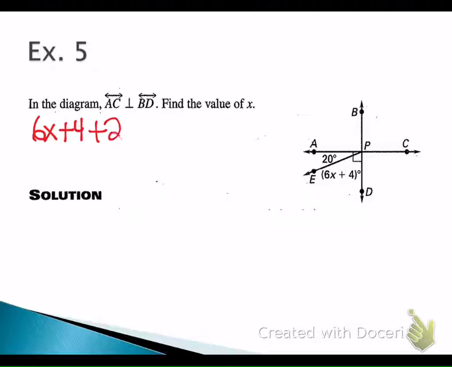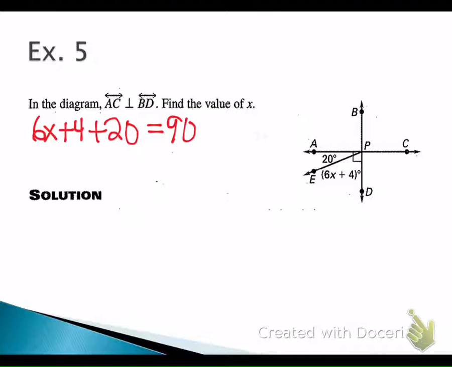You add them together to equal 90. So do you see how we have 2 smaller angles? They make a right angle when you put them together. Right angles are 90 degrees. So I add the smaller one, 6x plus 4, to the bigger one, 20, and I'm going to solve for the 90.